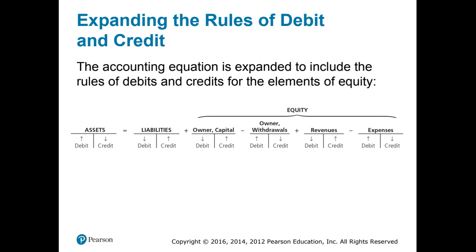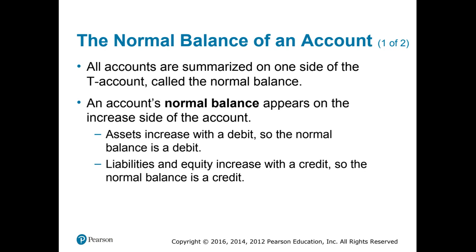The normal balance for an asset account is going to be on the debit side, because that's how we increase our assets. Cash is an asset, and we increase cash by debiting the asset account. So assets increase with a debit, and the normal balance is a debit. Liabilities and equity increase with a credit, so the normal balance is a credit.